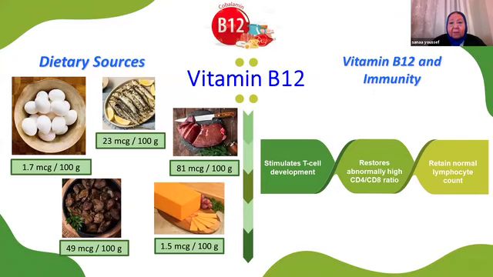B12 stimulates the T cell development, restores abnormally high CD4 to CD8 ratio, which is very important, and retains normal lymphocyte count. It's present in the eggs, in the sardines, in the liver, and also in the mushroom, as well as in the cheddar cheese.